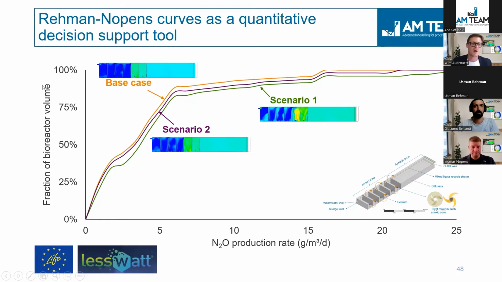This is, for example, the fraction of a certain bioreactor volume with a certain N2O production rate. For example, in scenario 1, Ingmar has shown, this green curve, well, 10% of this reactor space has a flux higher than 20, while the other plants do not have any zones with 20 kilograms or grams per cubic meter per day.